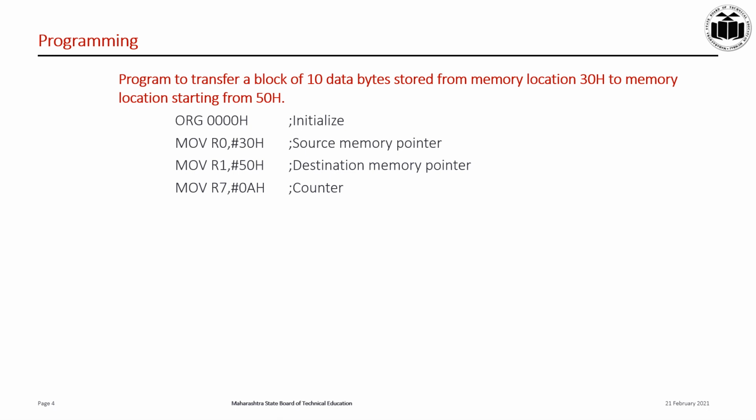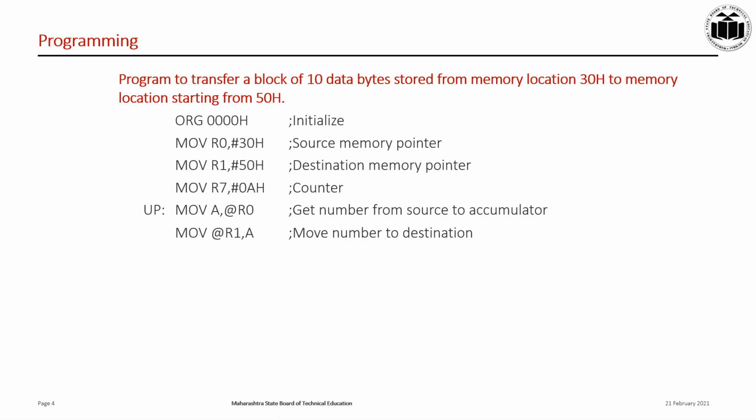Then we will get the first number into the accumulator by using the instruction MOV A, @R0, and then we will move this number to the destination memory address by using the instruction MOV @R1, A. Then after this we will increment the source pointer and increment the destination pointer.